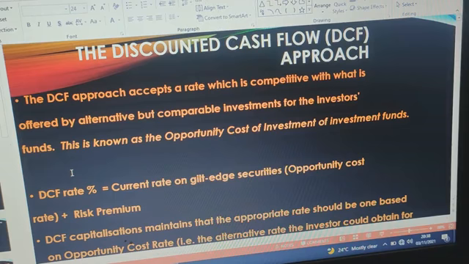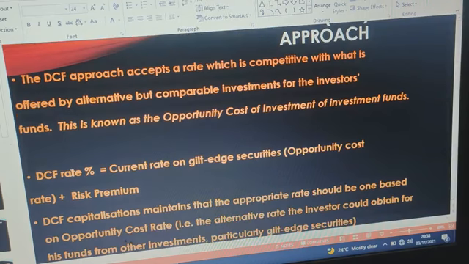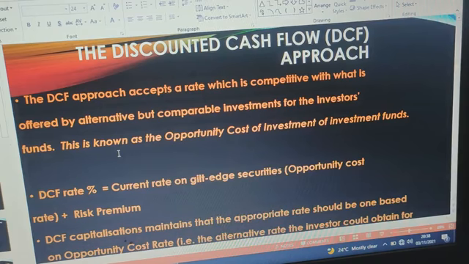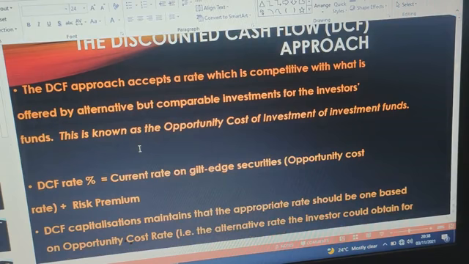The discounted cash flow, DCF, approach. The DCF approach, unlike the conventional method which uses an all-risk yield derived from analyses of comparable sales to determine the rate applicable to the class of property under consideration, accepts a rate which is competitive with what is offered by alternative but comparable investments for the investor's funds. This is known as the opportunity cost of investment funds.